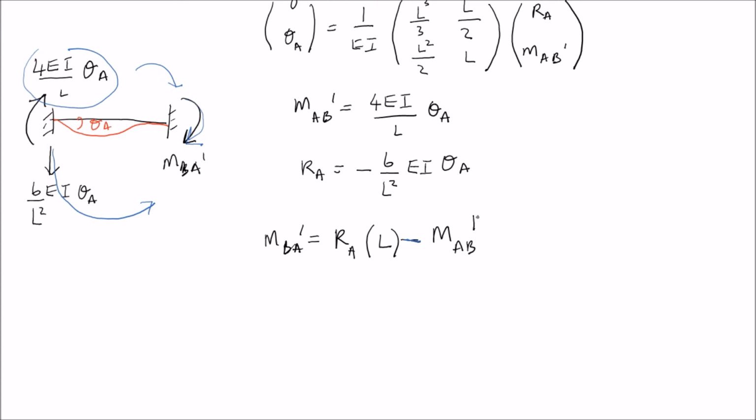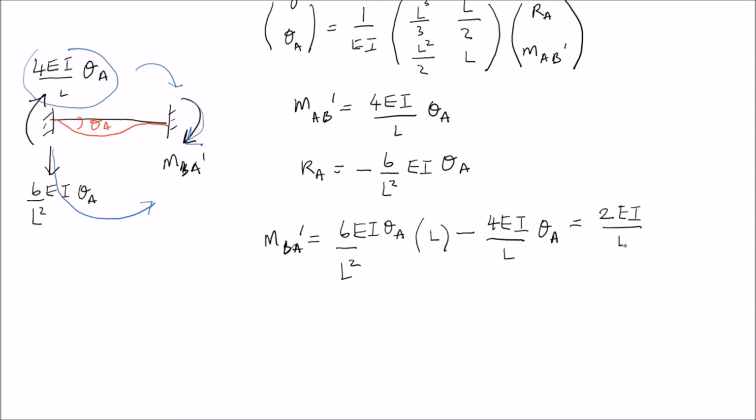It's going to be equal to 6EI theta over L squared times the length. This is RA times L, and then minus, because same direction, 4EI over L theta A. Solving this you'll get 2EI over L theta A.